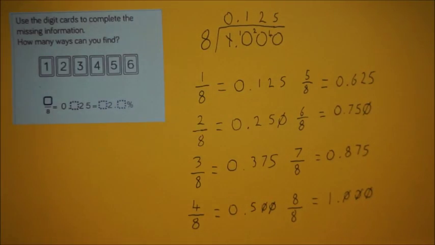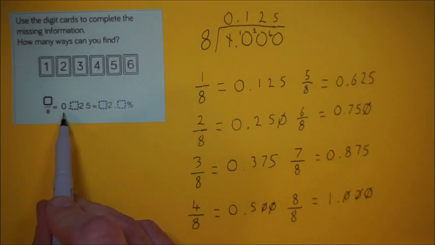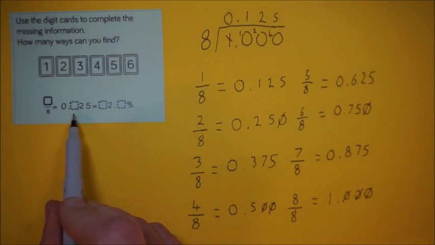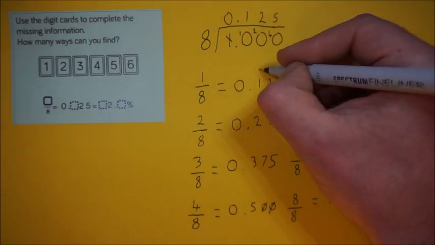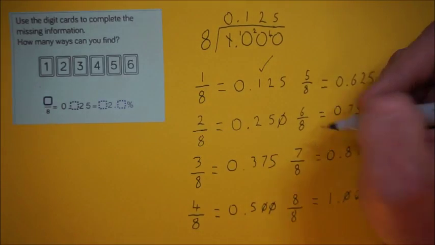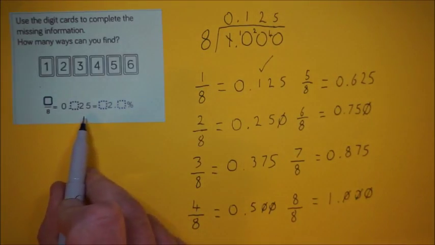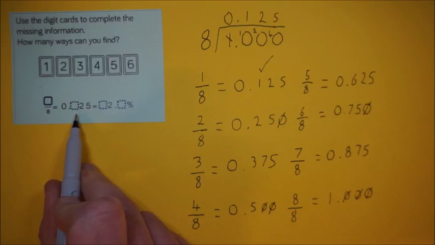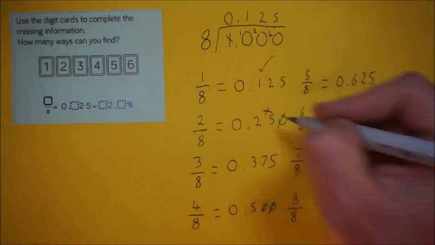So now I know what each eighth is worth in decimal, I can check against what's possible. My decimal has to be a 0.something25, so it has to end in 25. It can't be 0.25. That's not right. In the tenths column we've got a 2, but in the hundredths column we need a 5. We haven't got one, so that one can't be right.